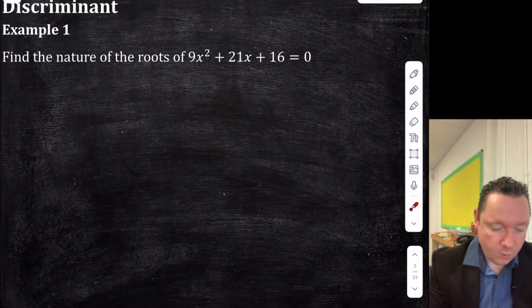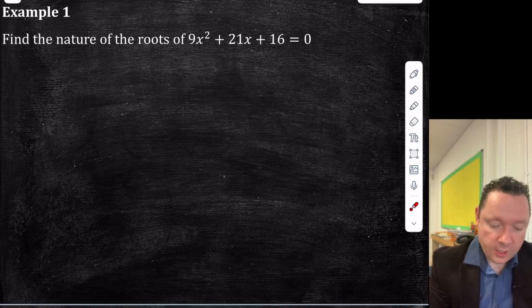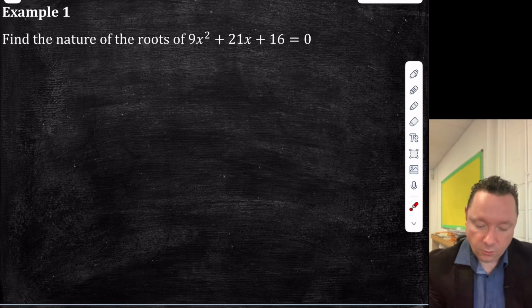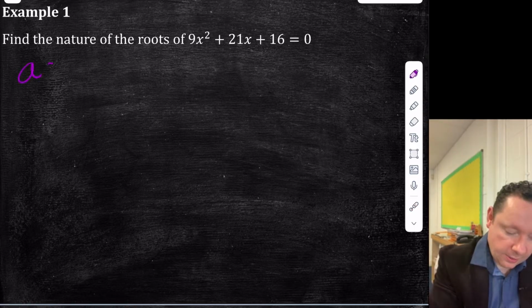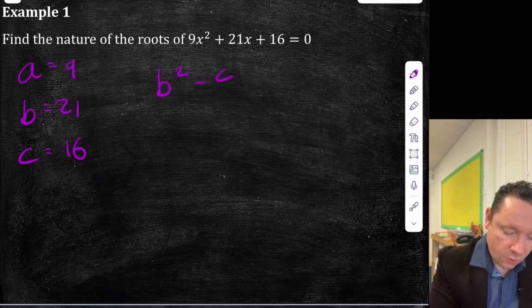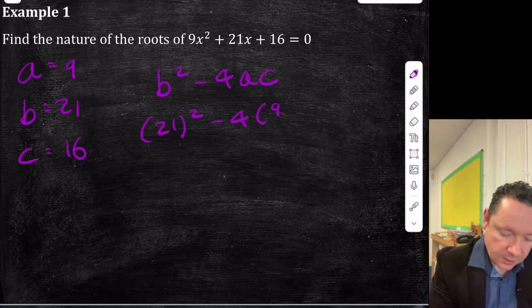So here's example 1. It says find the nature of the roots of 9x squared plus 21x plus 16 equals 0. a is equal to 9, b is equal to 21, and c is equal to 16. b squared minus 4ac, so that's 21 squared minus 4 times 9 times 16.